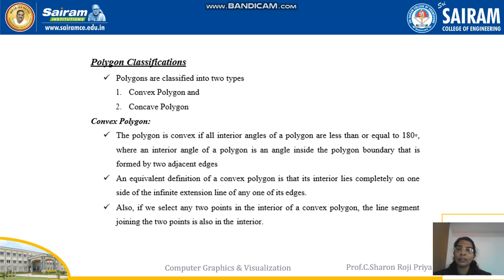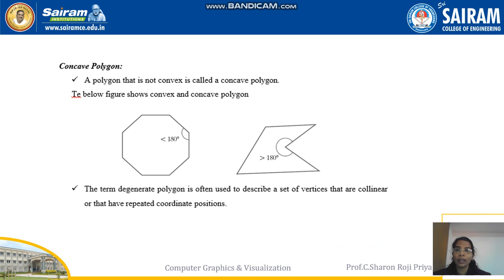The other type is concave, where the angle will be more than 180. So this figure shows the concave polygon and convex polygon. Less than 180 will be convex, greater than 180 will be a concave polygon.